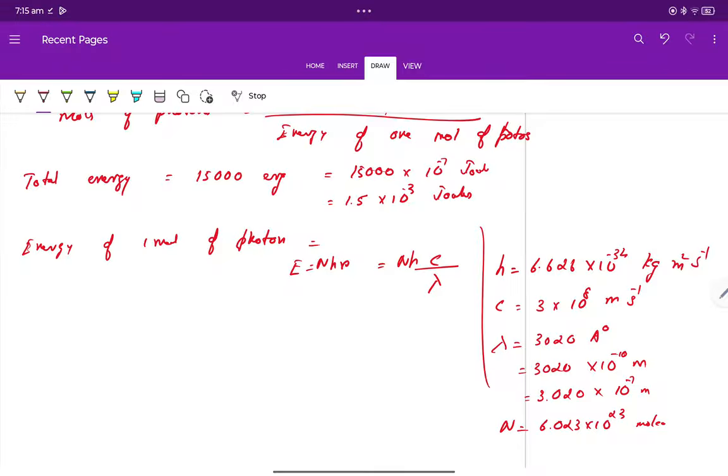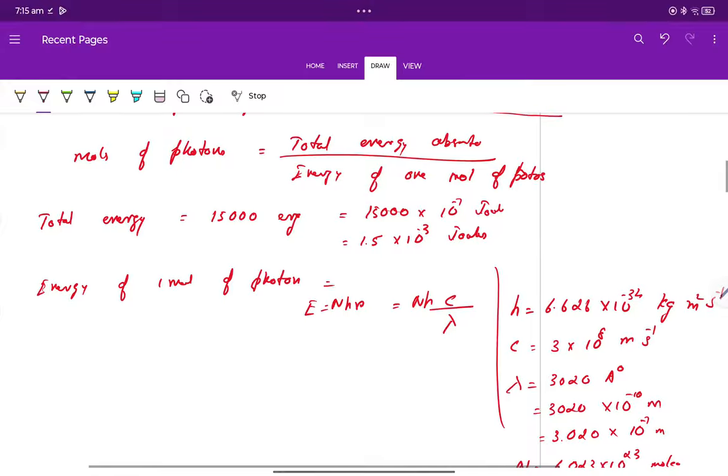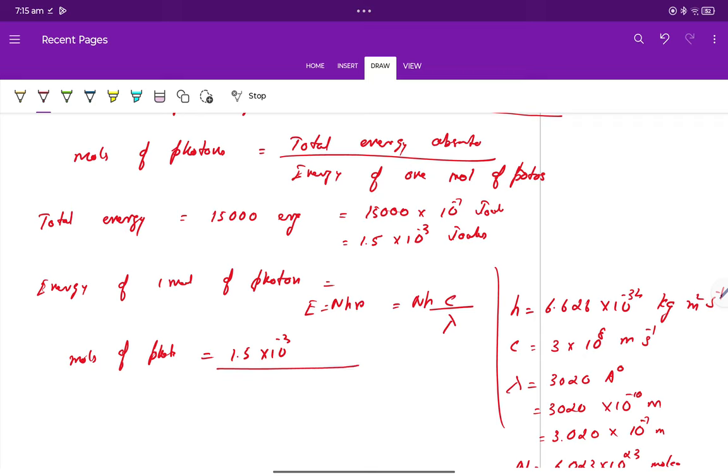So now we can calculate the moles of photons. Moles of photons will be equal to the total energy, 1.5 into 10 to the power of minus 3, divided by n h c, and lambda will go upwards.